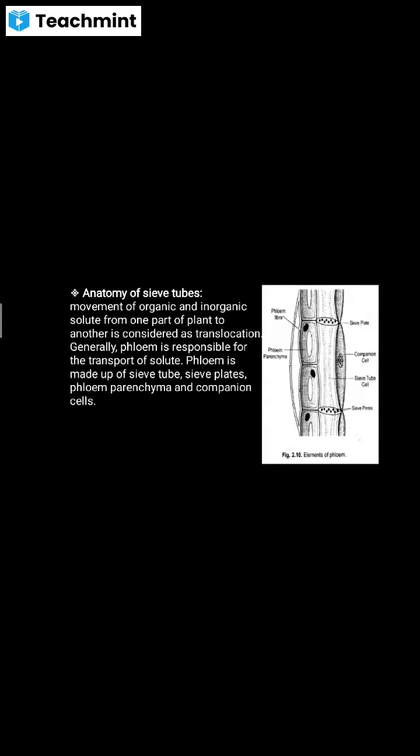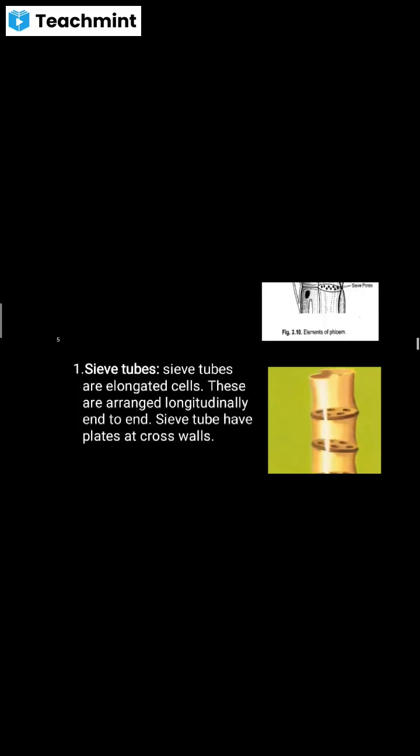At one side of these sieve tubes, there are the companion cells, and on the other side there are the phloem parenchyma cells. So, with the help of this unit of phloem cell, the translocation of the organic as well as inorganic solutes takes place.